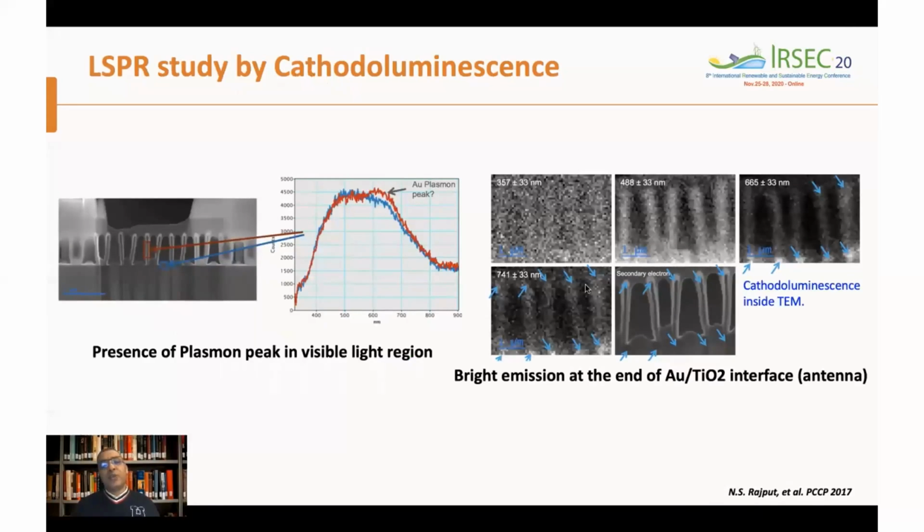To check that, we use cathodoluminescence. This consists of shining on our structure and seeing if there are any antenna patterns, which are a signature of LSPR activity at the interface between the gold and titanium dioxide, and correlating them with the wavelength. Here in visible light, we see this antenna appearing everywhere at the intersection between the gold particles and the semiconductor material.